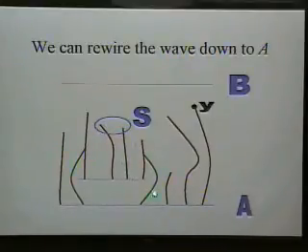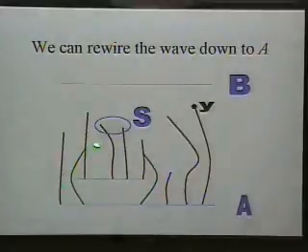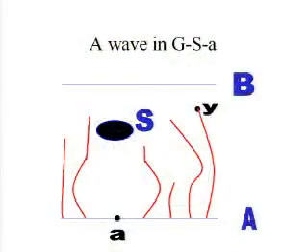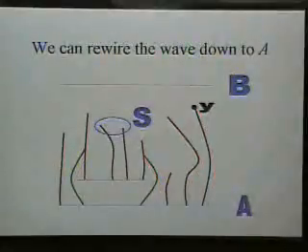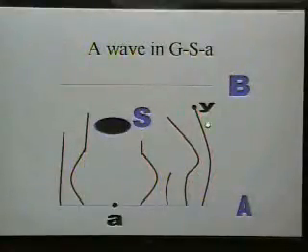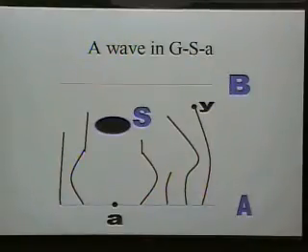The other ones, we'll need to somehow rewire them to reach A. And I will not show you how this is done, but once we make this rewiring, we have all the same ending vertices. So it's still a separating set together with S. And so this is indeed a wave in G minus S, in the graph when we remove S.